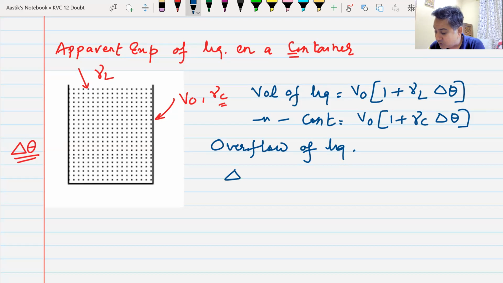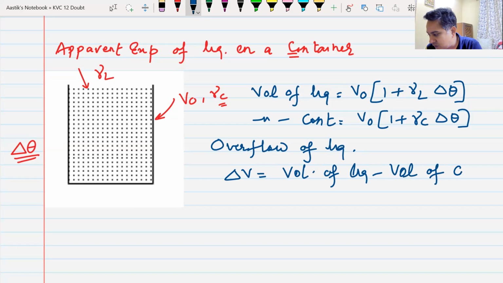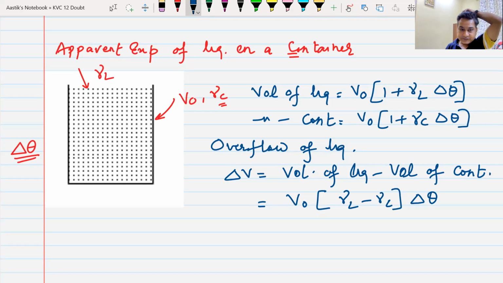So how much volume of the liquid overflows? The volume of liquid that overflows will be the actual volume of the liquid minus the actual volume of the container or the solid. Now, if I subtract both of these, I will get V0 into (gamma L minus gamma C) into delta theta.